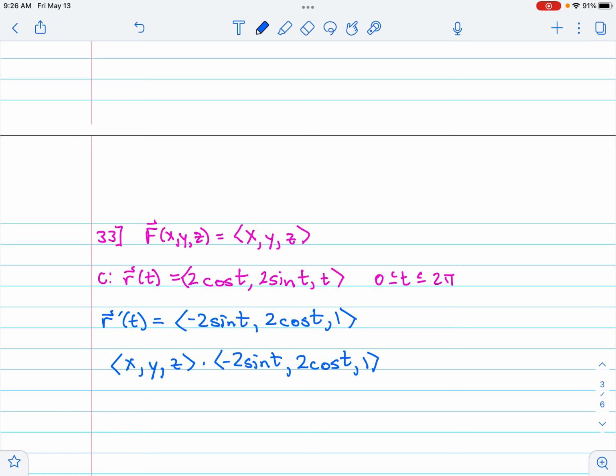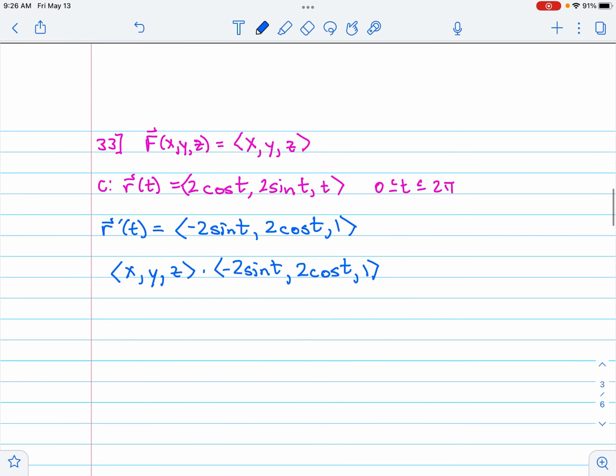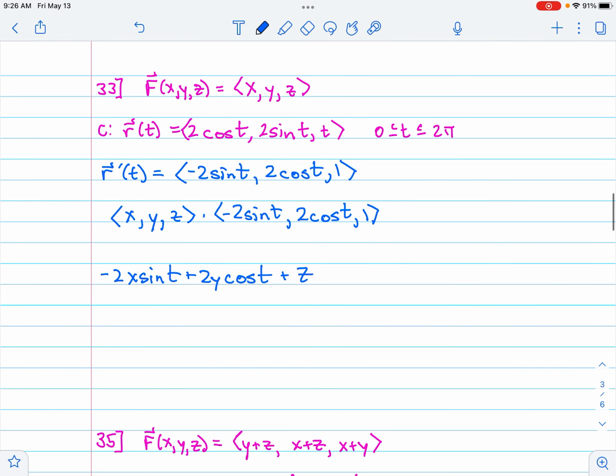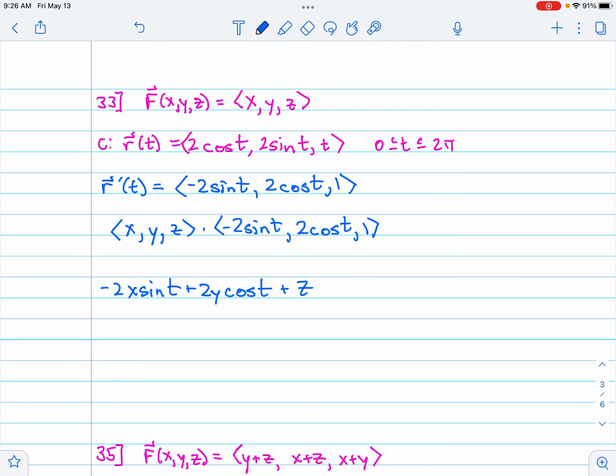Okay, if I dot product, here's what I get. I get negative 2x sine t plus 2y cosine t plus z. Yeah, we're just dot producting. Now I can replace the x with 2 cosine t.